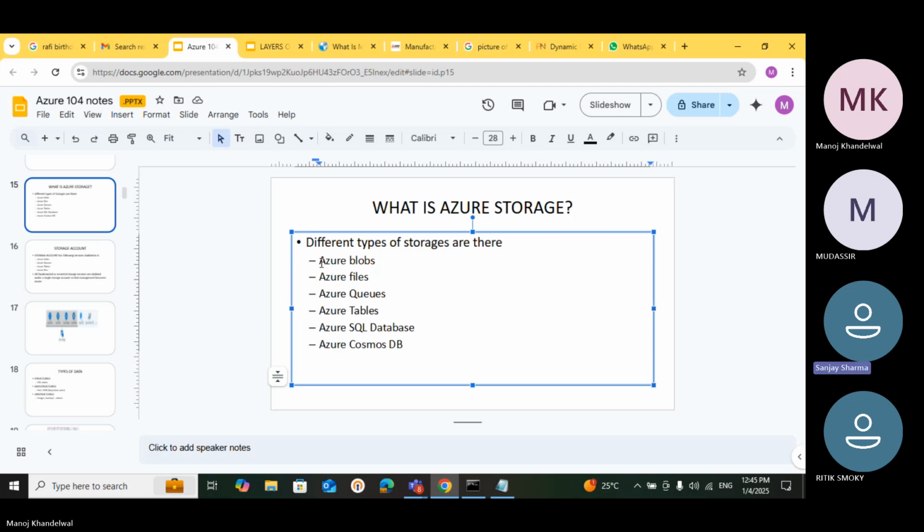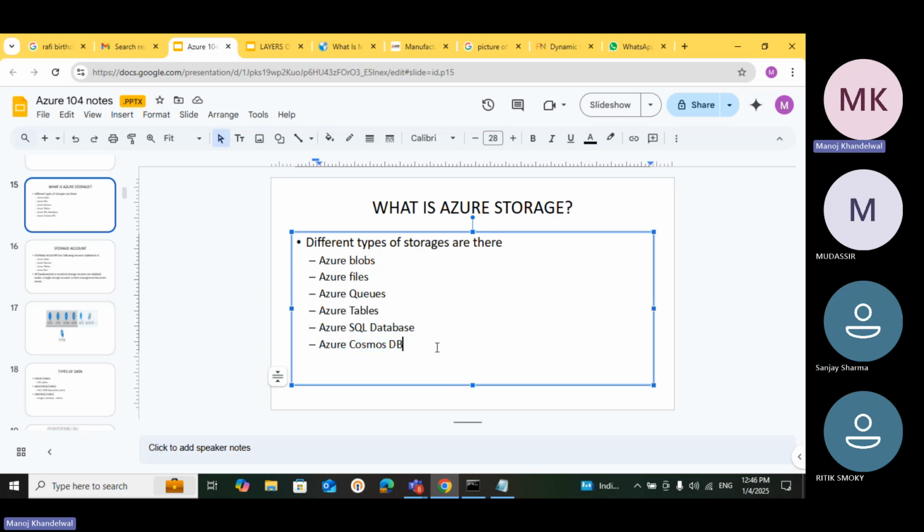Manoj, talking about your original question, will all these six types of storages have one common storage account, or will they be different? For these last two storages, you don't need any storage account.